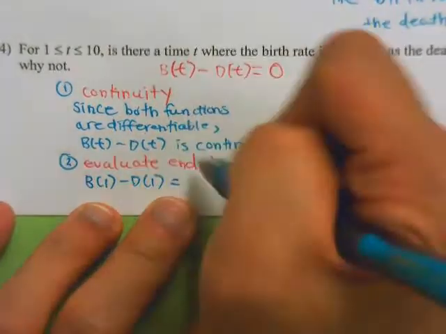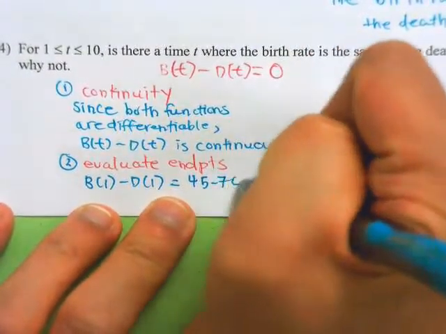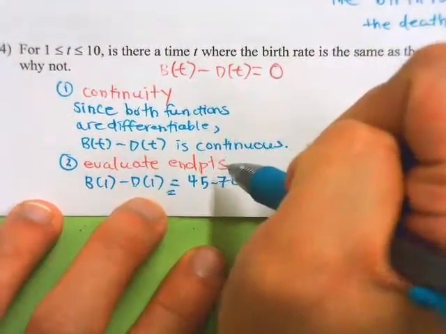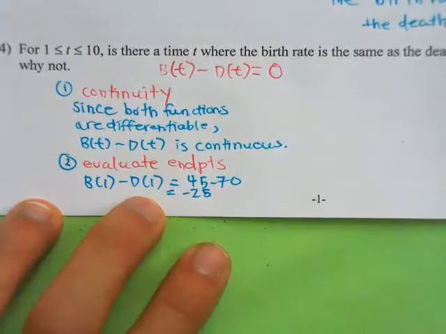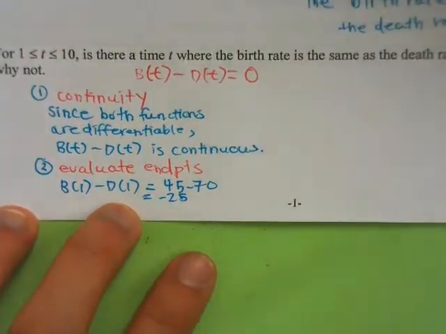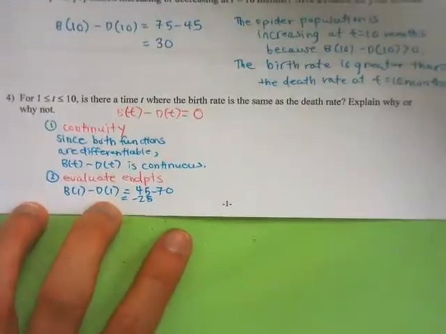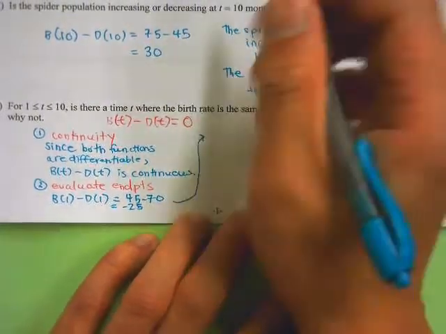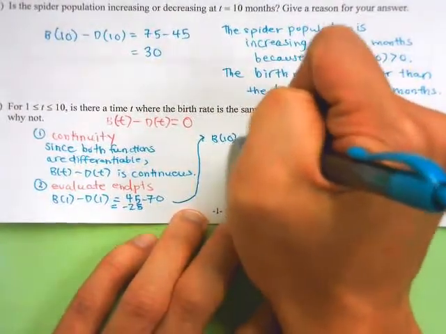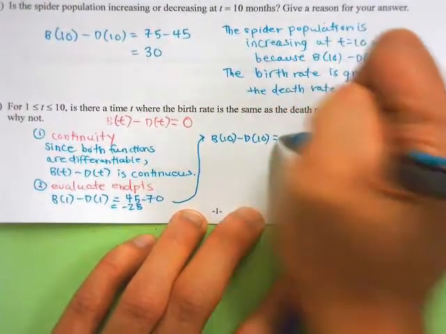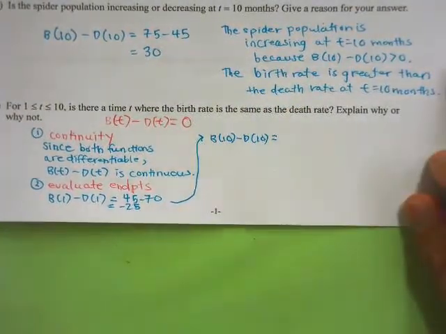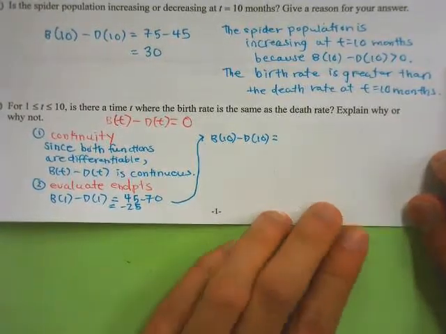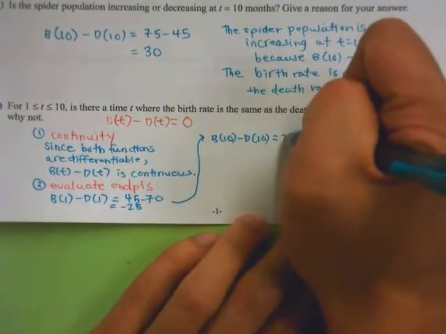Well, that is 45 minus 70, negative 25. I'm running out of room. It's a good thing we already did b of 10 minus d of 10 on the previous problem, so that should come out to 30.